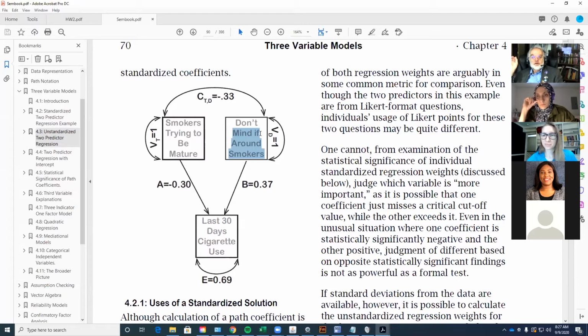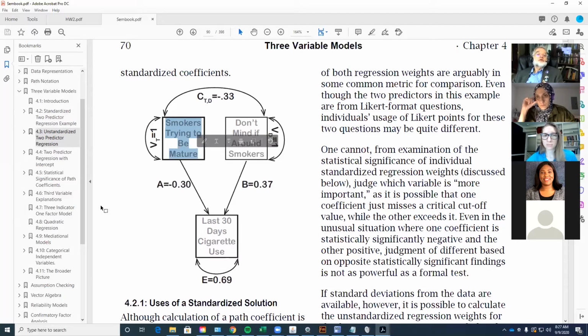So it's a little bit ironic when you read a paper saying, here's my scale of how smokers are trying to be mature with the items, and here's the coefficient alpha. Oh, and here's my multiple regression. Because inherently, you are ignoring the fact that your regression model assumes that your predictor variable has no measurement error.